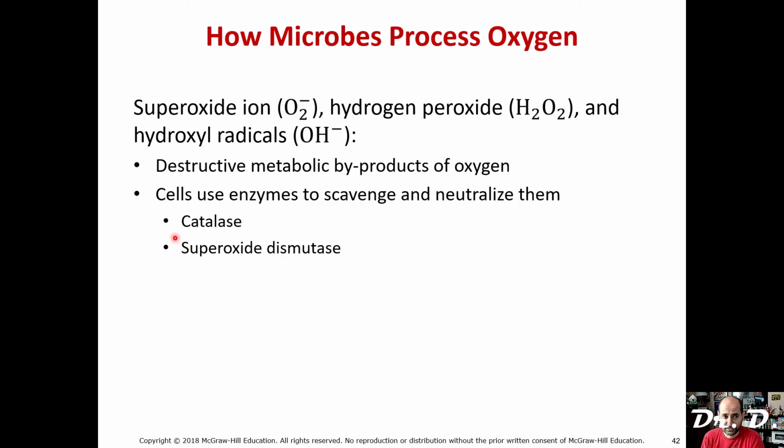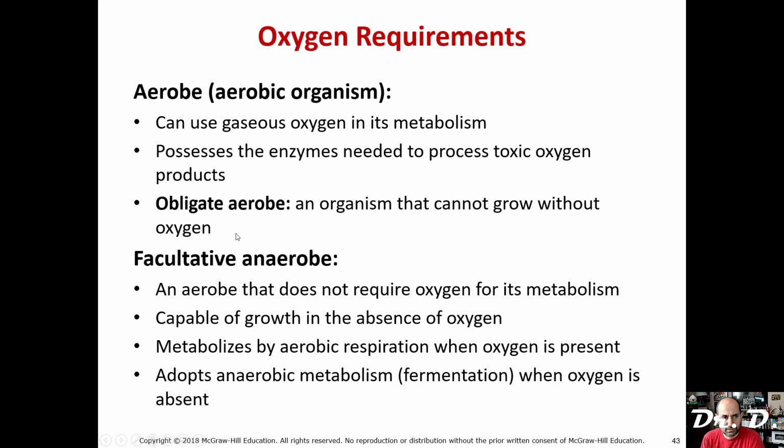So unless an organism has catalase, peroxidase, or superoxide dismutase, these enzymes allow organisms to grow where there are ROS, reactive oxygen species. I want you to know that catalase is the enzyme that deals with the toxic hydrogen peroxide molecules, okay? Hydrogen peroxide is broken down by catalase. You may or may not need to know that for the exam.